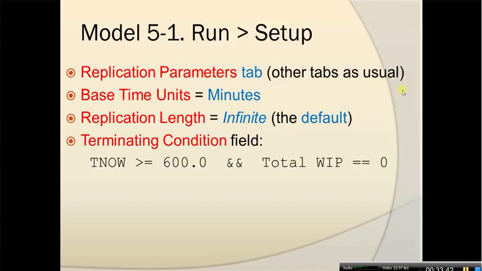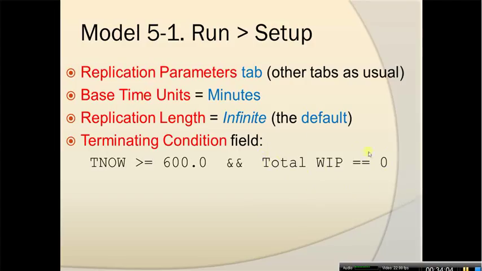So we could just say total work in process equals 0, but that would only ensure that the total work in process is 0 at that moment. It could possibly happen that before 6 p.m. there could be some slow times when no calls arrive and the total work in process is 0.